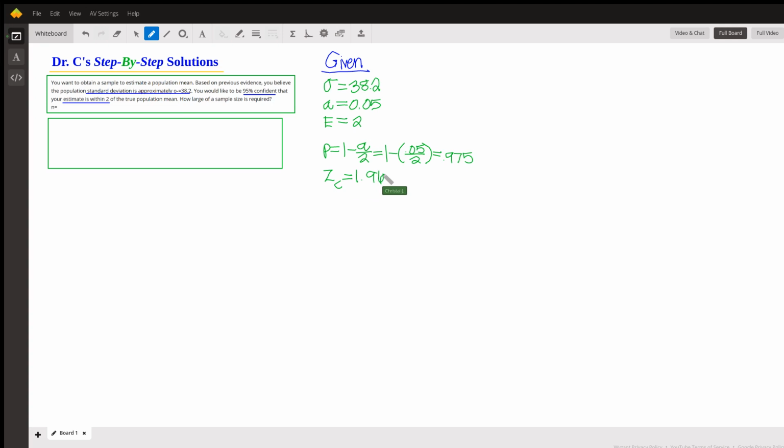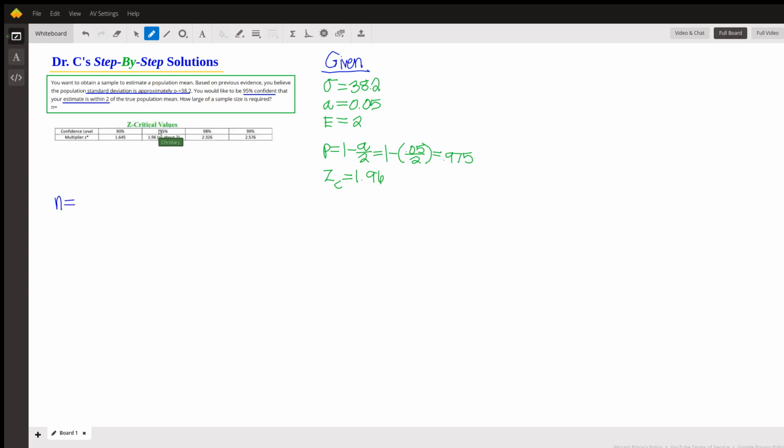Now, the formula to solve for this would be N equals Z times the standard deviation over the error, squared. Okay? So we would just solve.